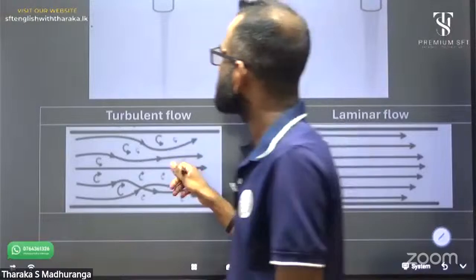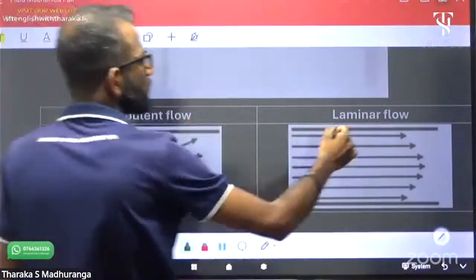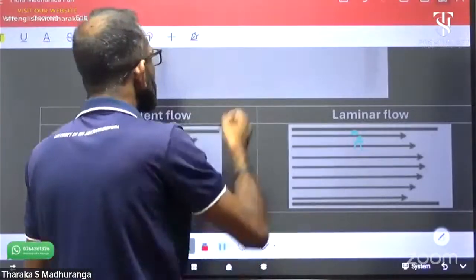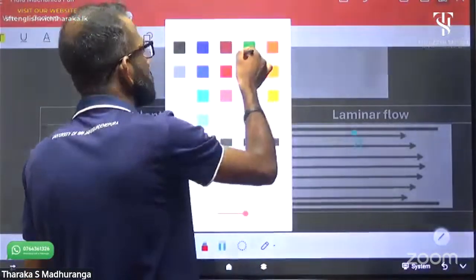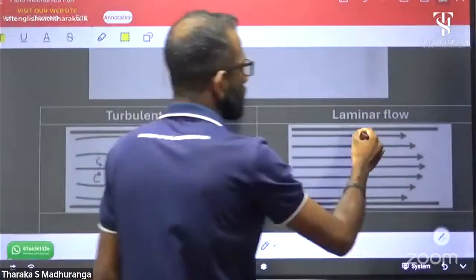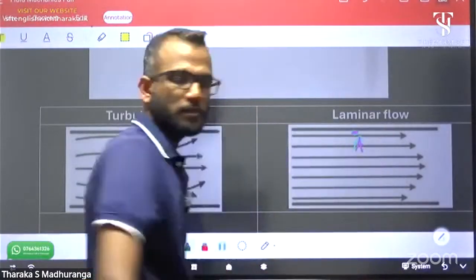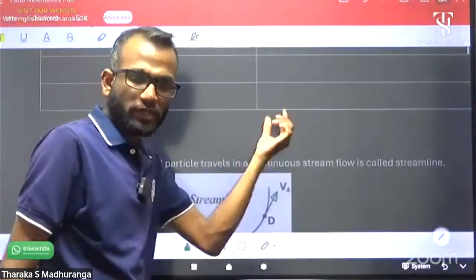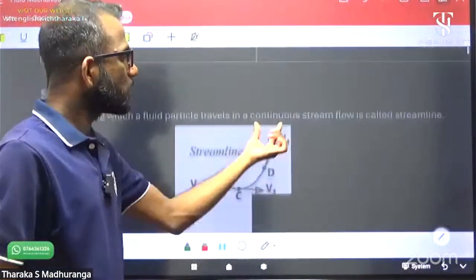That means think of any point, say point A. Fluid particles always pass this point A at the same speed. Understood? That's the stream flow. I gave these characteristics last day.